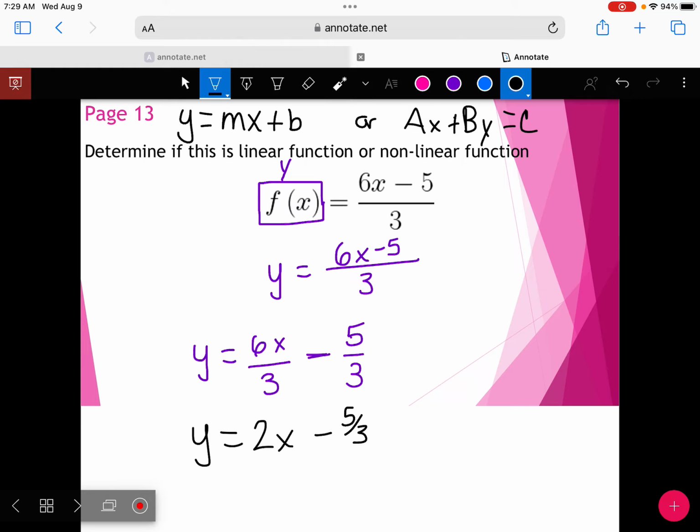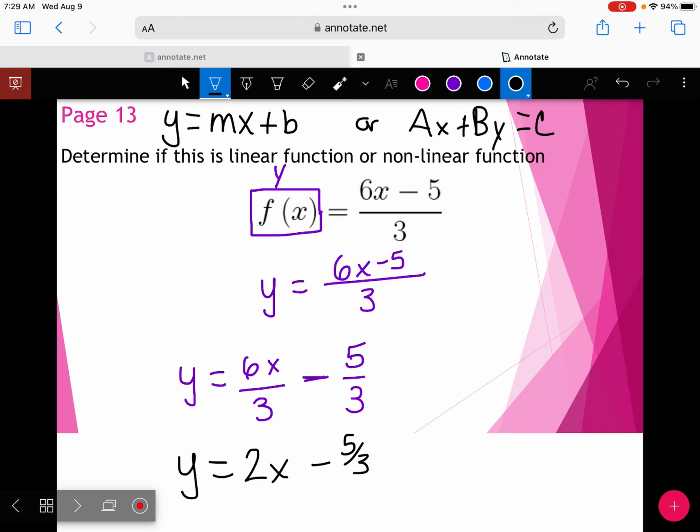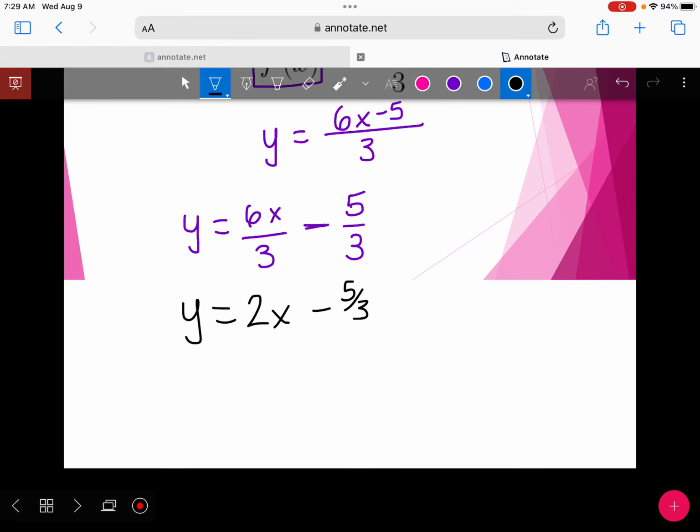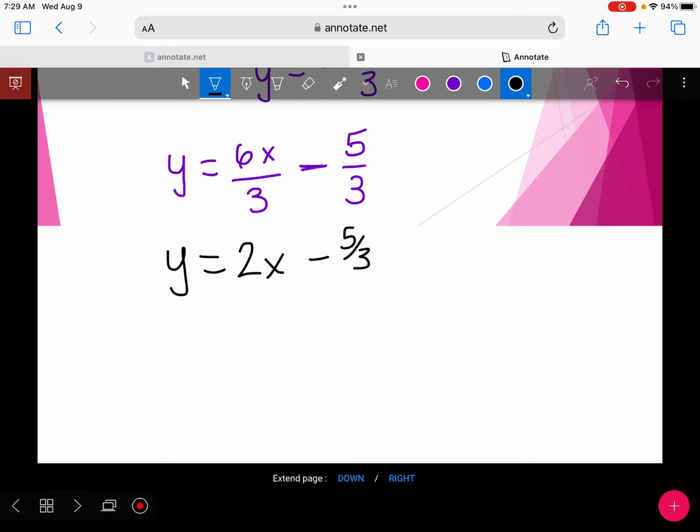If I can make it look like one of those, it's a line. Does it look like one of those? I hear a mix, and that's okay. Because if we line it up next to y equals mx plus b, does it line up?